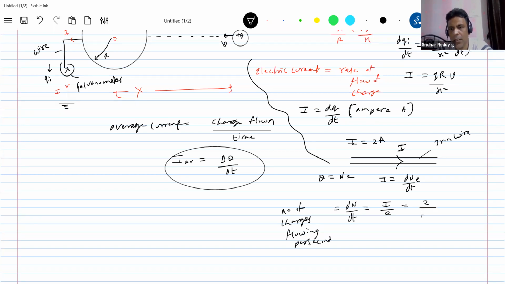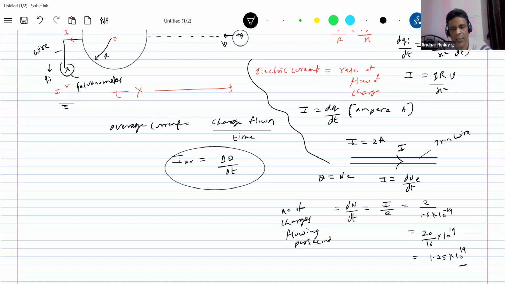For 2 ampere, with the charge of an electron 1.6 into 10 to the power of minus 19, we get 20 by 16 into 10 to the power of 19, that is 10 by 8, 5 by 4, or 1.25 into 10 to the power of 19. These many electrons per second flow through the wire if a 2 ampere current is flowing. It's not a small number, right?